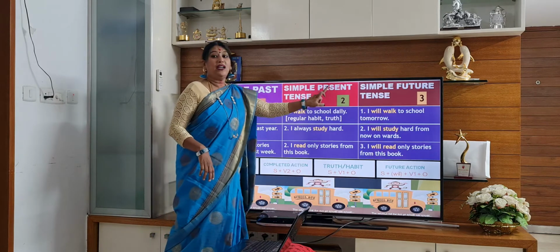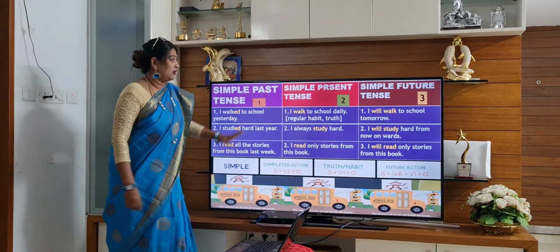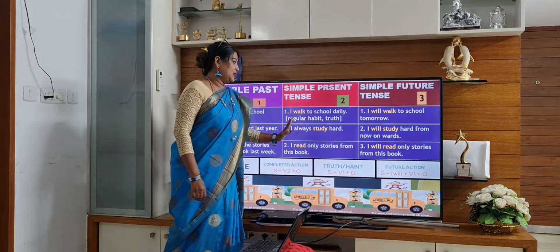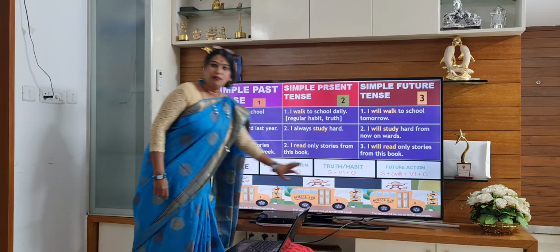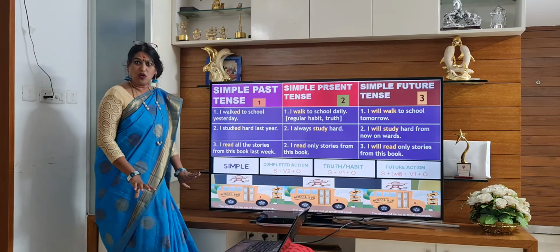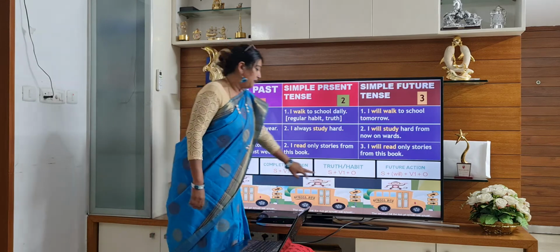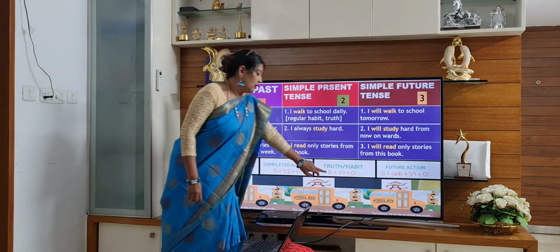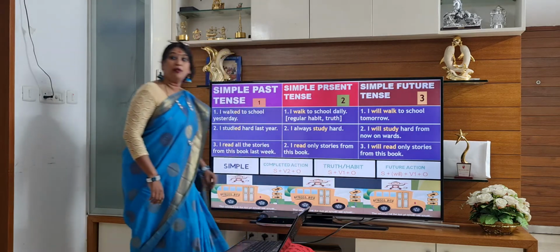Sorry, P-R-E it should be. The E got missed out here, okay? Simple present tense. Now, what does that say? Just remember this. Subject, whomever you're talking about, I, she, we, they, or the name of a person or a thing. That will be the subject, and which verb form should be used?